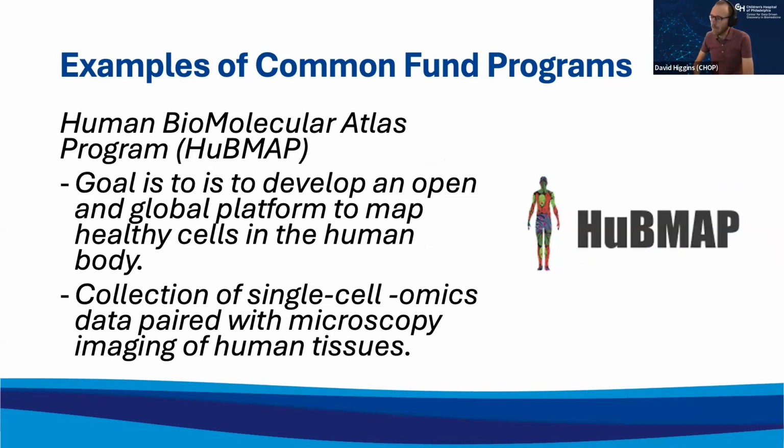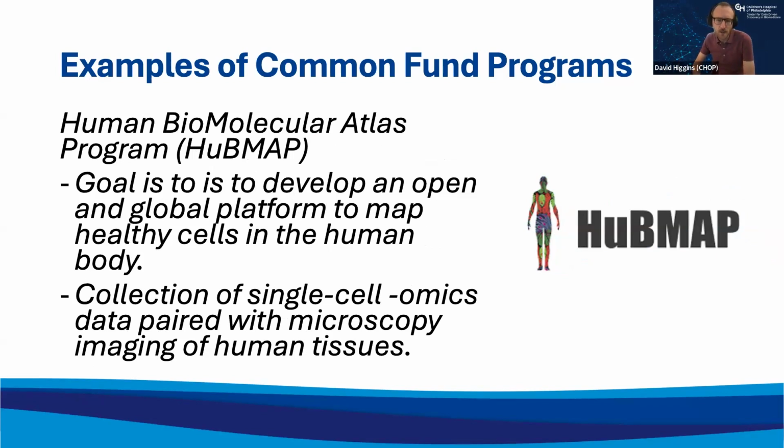So the last one that I'm going to talk about is HubMap. HubMap is the Human Biomolecular Atlas Program, HuBMAP. And so the folks at HubMap are very interested in developing this open global platform to map healthy cells in the body. They're very interested in biology at the cellular level.